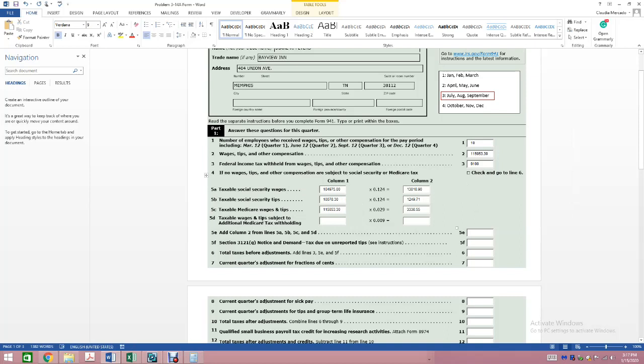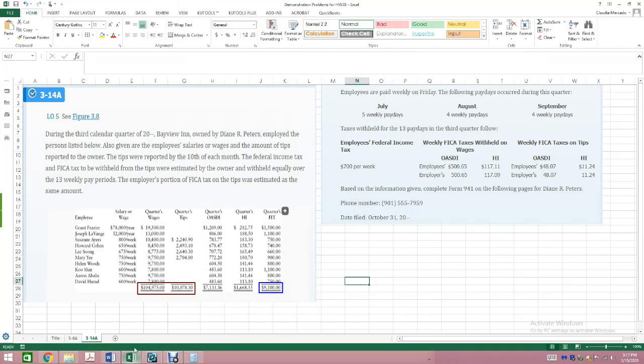Now, taxable wages and tips subject to additional Medicare tax withholding. In your book, if you recall, it says that if an employee makes over $200,000, they have to pay additional HI tax of 0.9%. Now, let's look at our problem here.